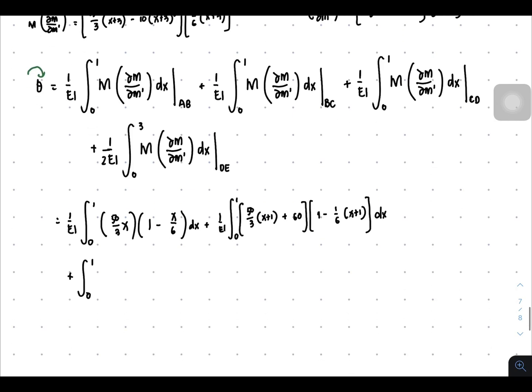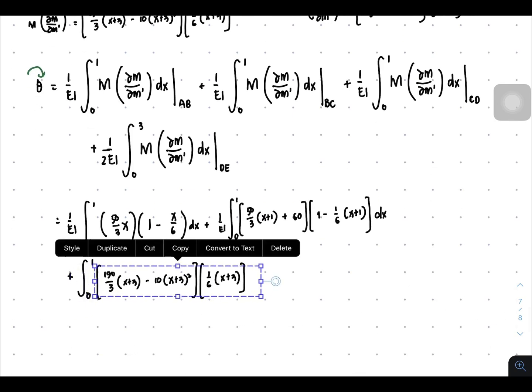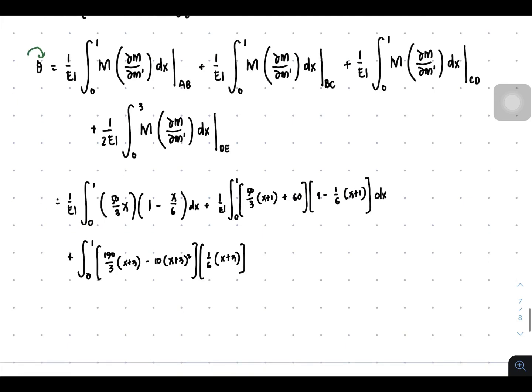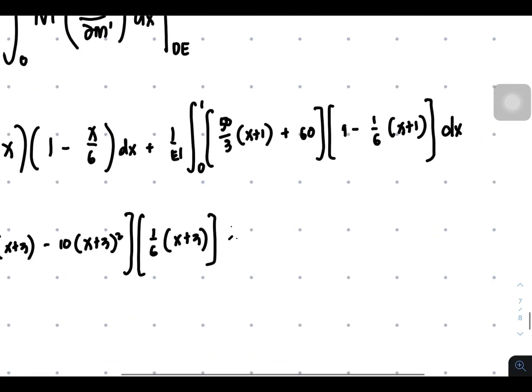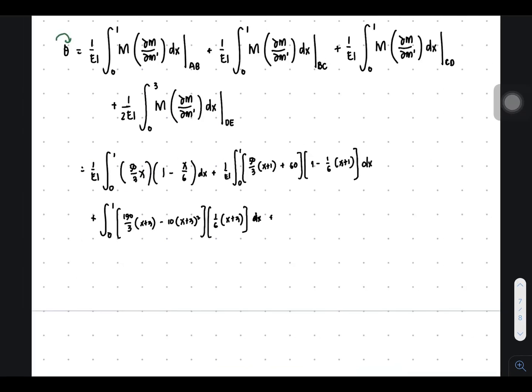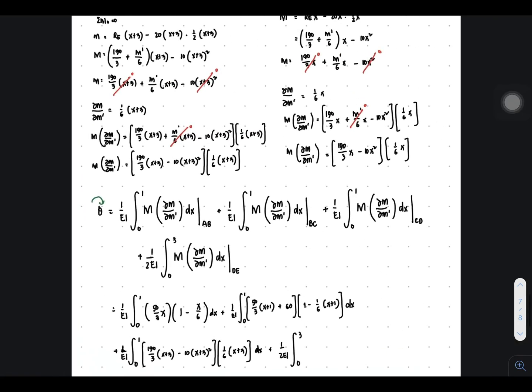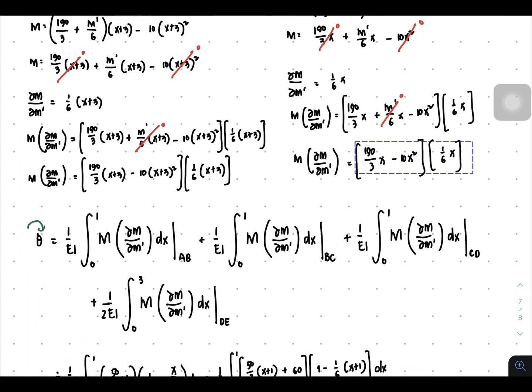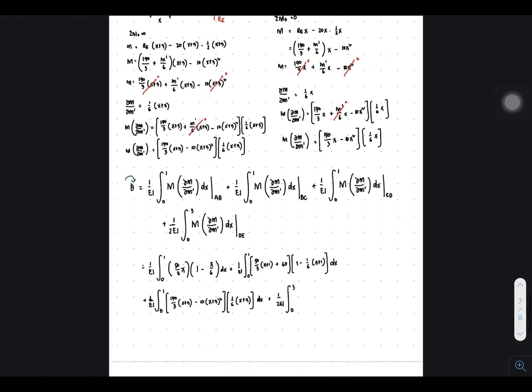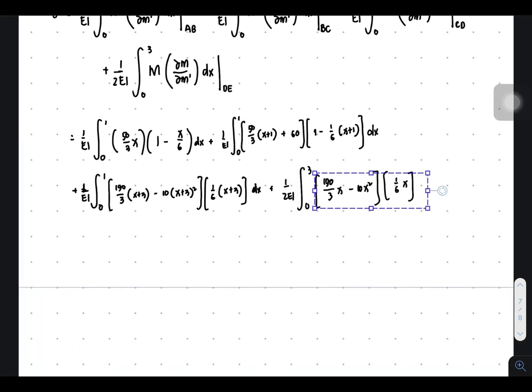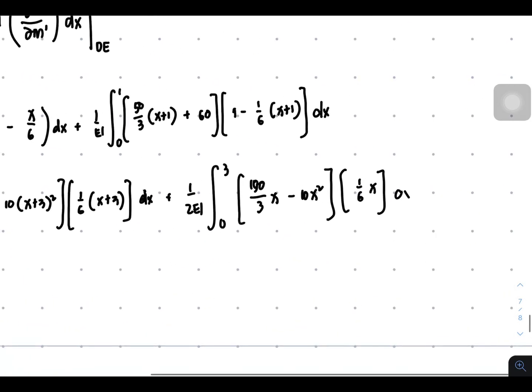So let's copy this and paste it here. dx plus, oh, I forgot. There should be 1 over EI here. And here is 1 over 2 EI. Integral from 0 to 3 for the limit. And we will be copying this. x.